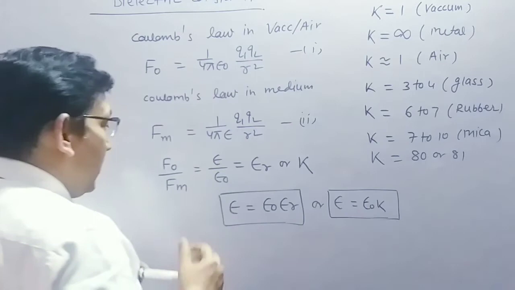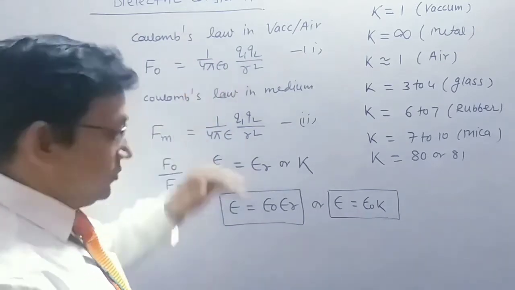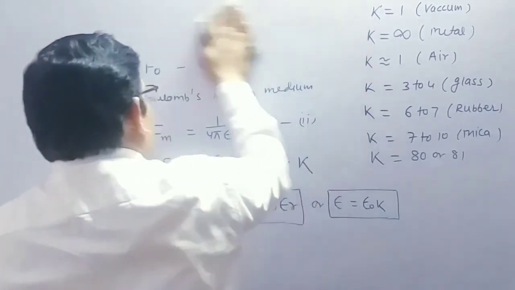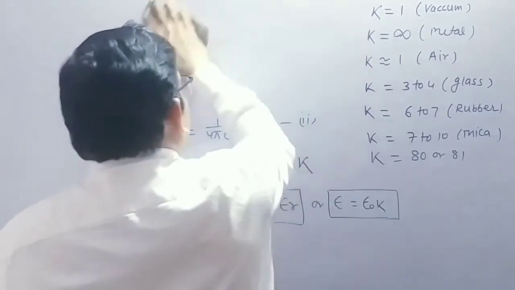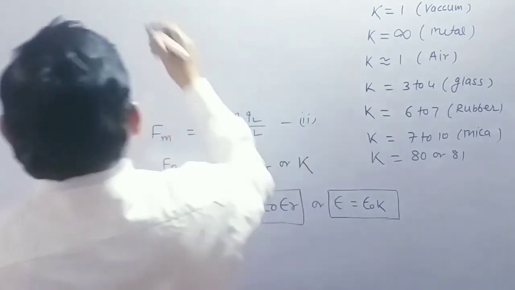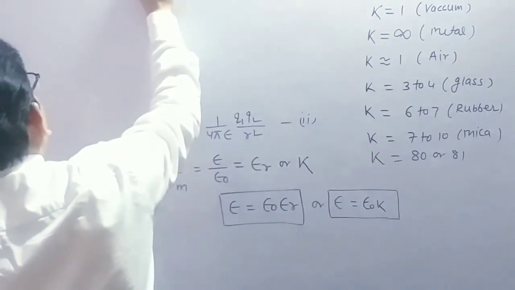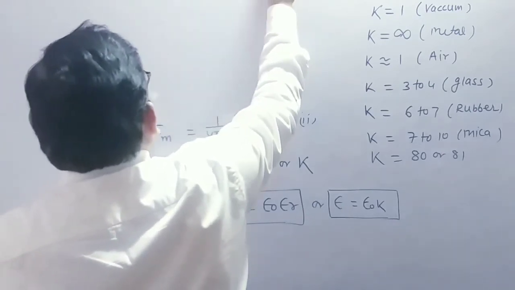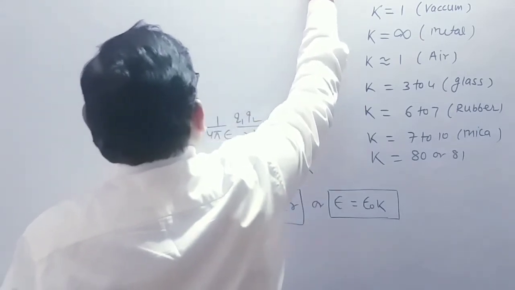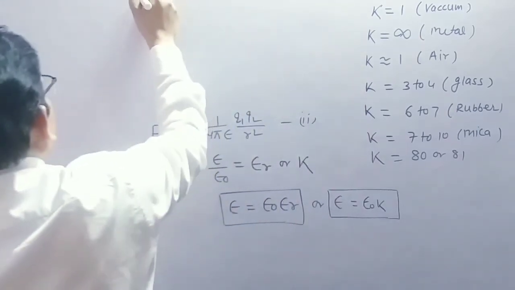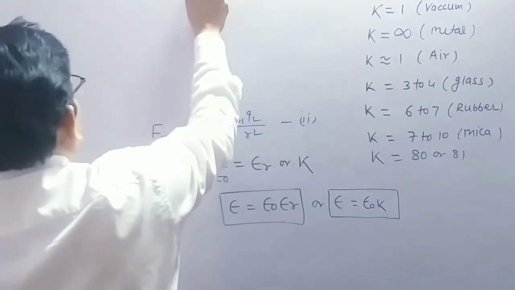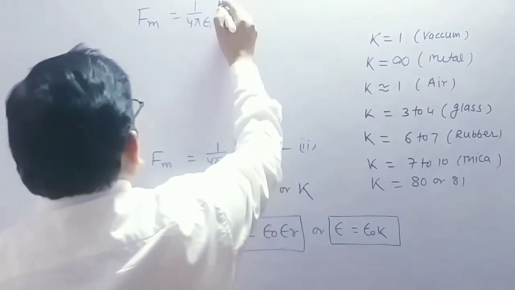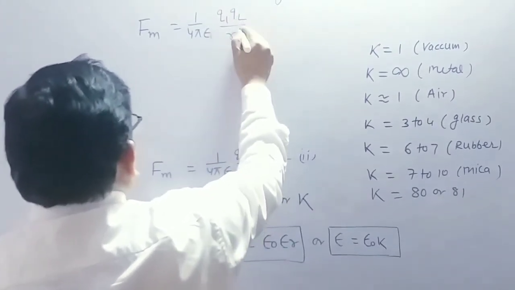Now look, why we are writing Coulomb's law in this form. For any medium, how to write Coulomb's law in any medium? 1 by 4 pi epsilon, only epsilon, q1 q2 by r square.